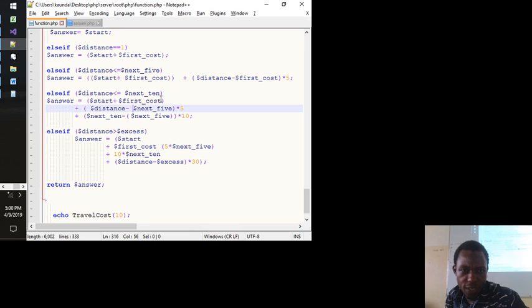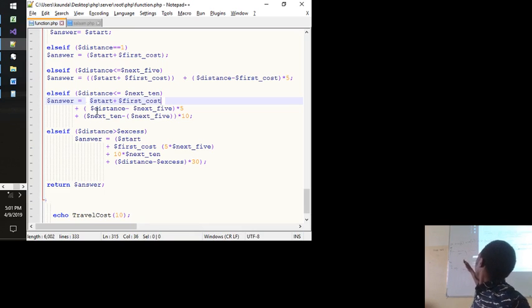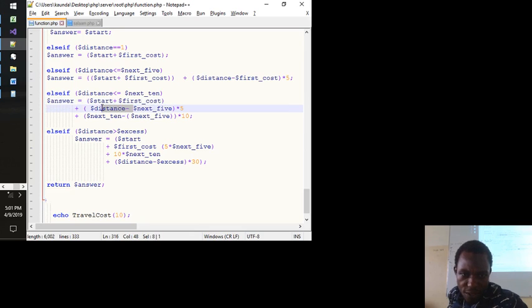So if it's 10, we have 2 cities here, we have 1 city here, so that is 1. Then we need 5 here, so that 5 is this 5. We need 5 times this one, then we'll be left with 4. How do we get the 4? The 4 is the distance minus the 5.